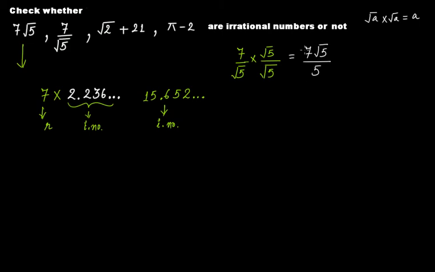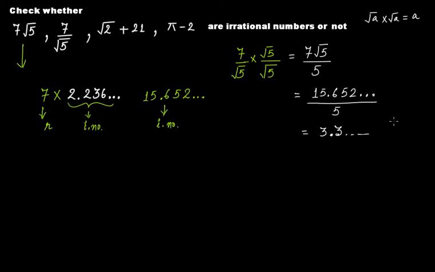So if you solve this value, 7 multiplied by under root 5, we have this value here, that is 15.652, and it is divided by 5. Now when you divide this number, you'll get 3 point something. 5 times 3 is 15, then again 5 times 3 is 15, and then the value will continue.